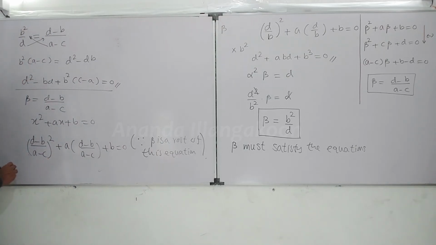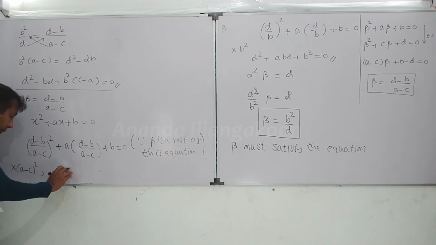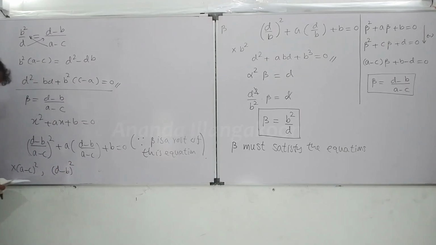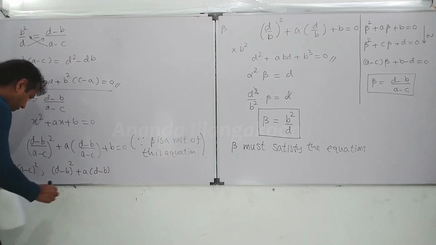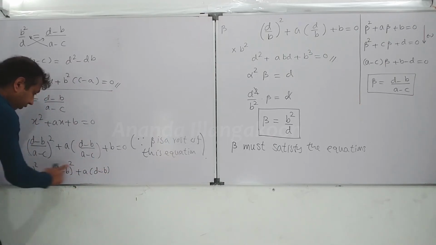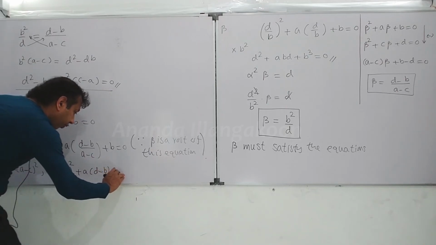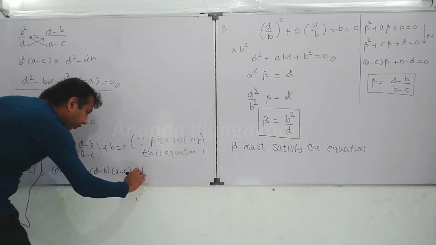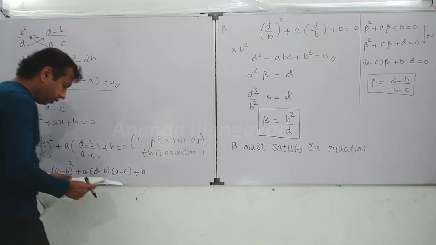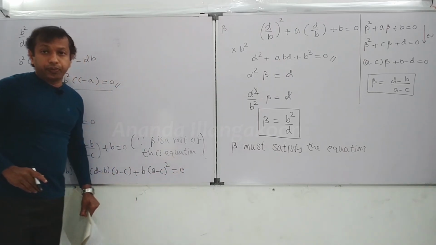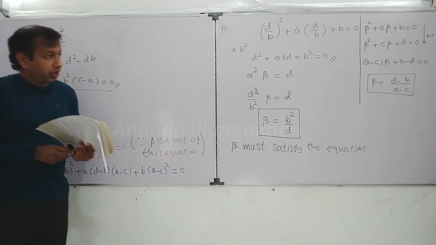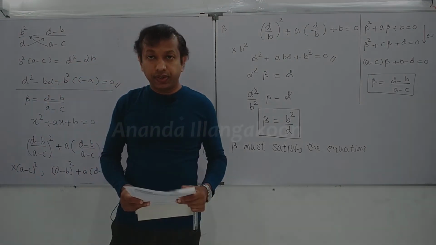I can multiply this by (a minus c) squared. Then we get (d minus b) squared plus a times (d minus b) into (a minus c) plus b times (a minus c) squared equals 0. Right. So that is how we get that answer for the quadratic equation.